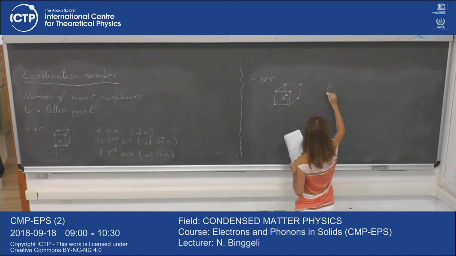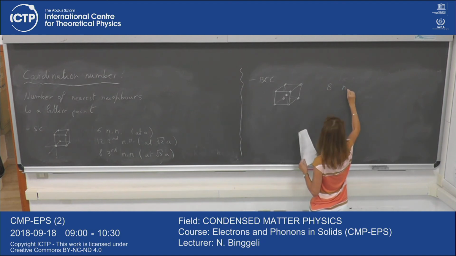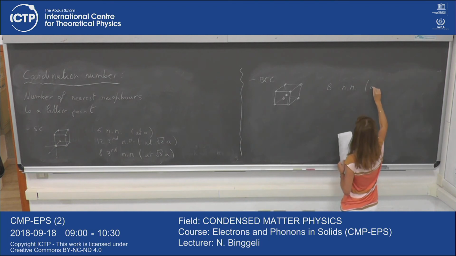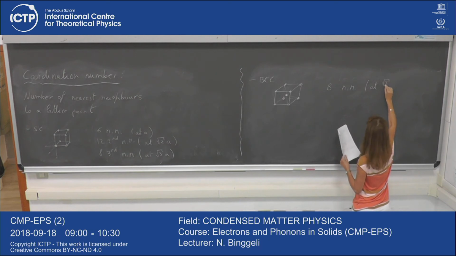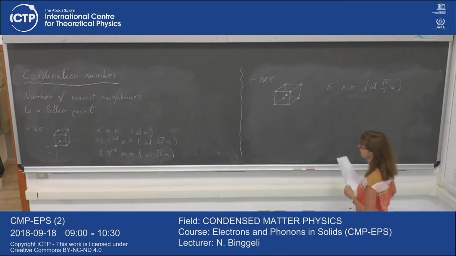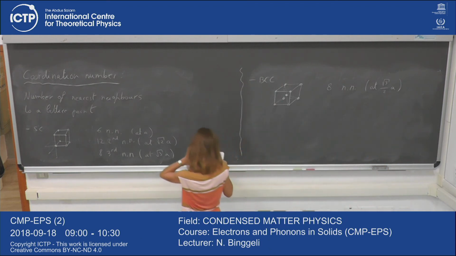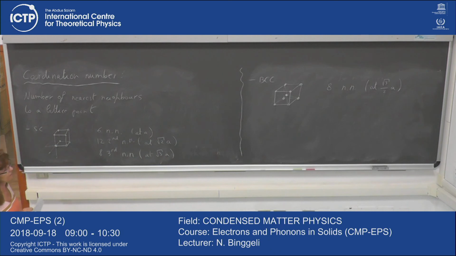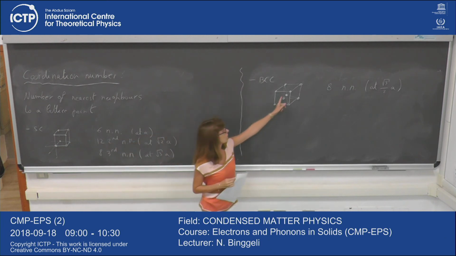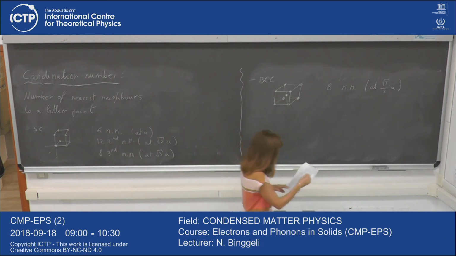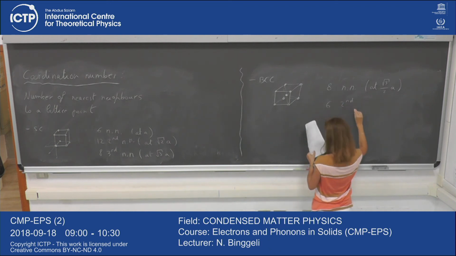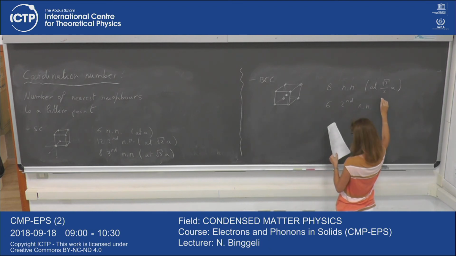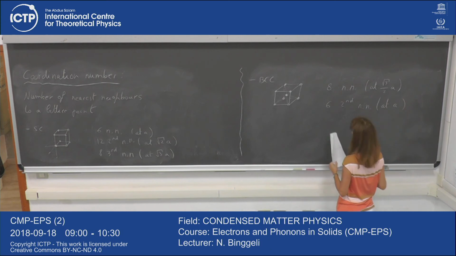So the coordination number is 8. 8 nearest neighbors at a distance square root of 3 over 2 times A. And how many second nearest neighbors? 6. This would be the ones at the center of the next cubes. So 6 second nearest neighbors, at a distance A.